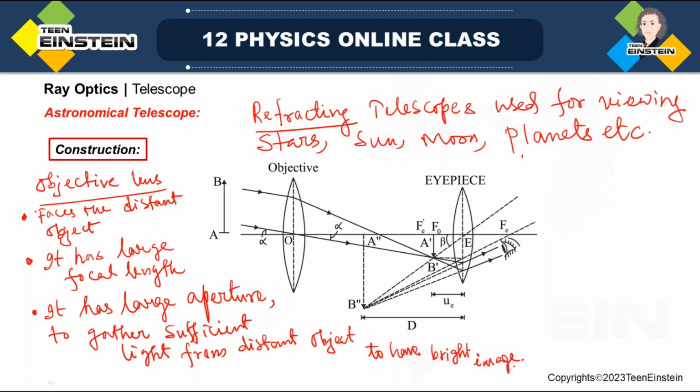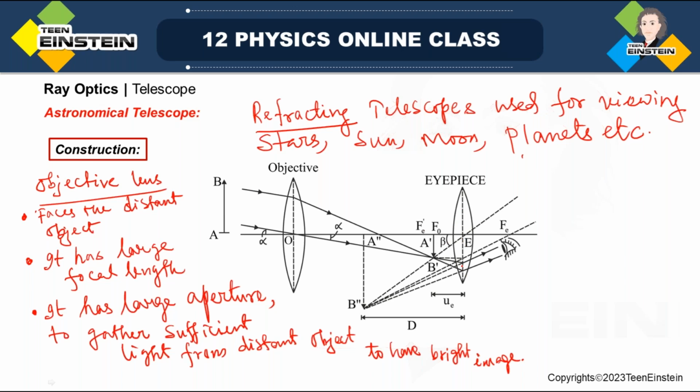Now we'll see the other lens, which is the eyepiece. This is very similar, at least the construction part, to the compound microscope. Okay, but there are differences as well. We'll see that.